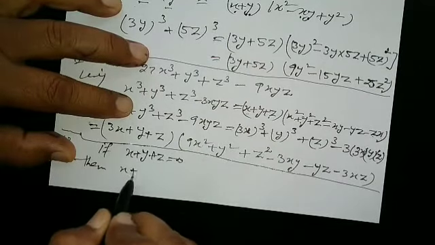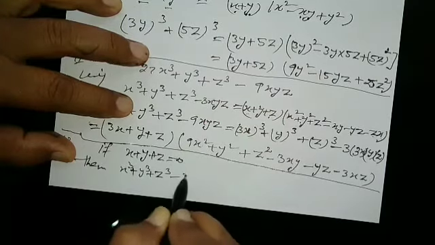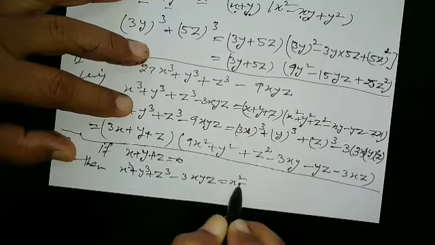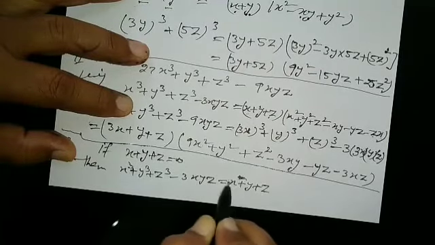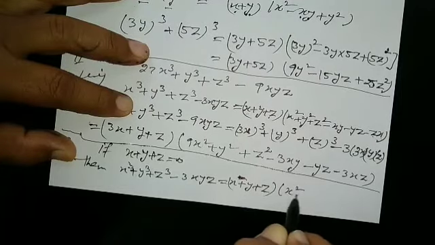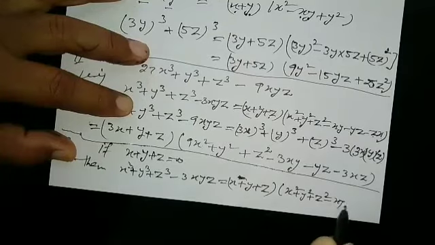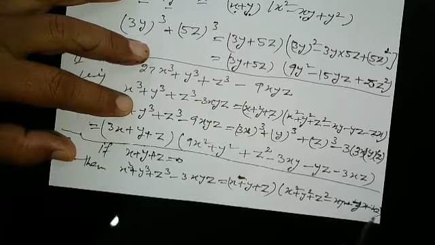As we know, x cube plus y cube plus z cube minus 3xyz equal to x plus y plus z into x square plus y square plus z square minus xy minus yz minus zx.